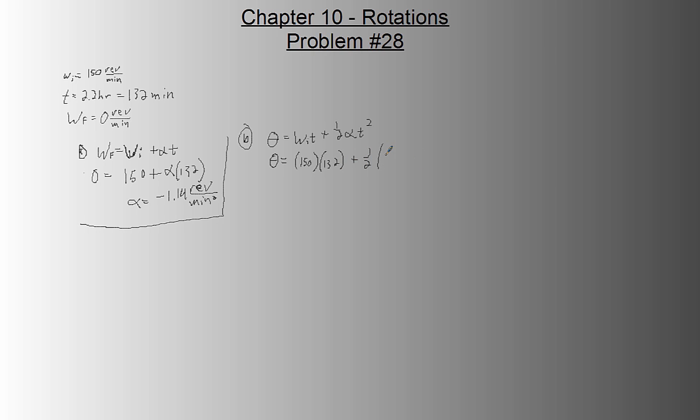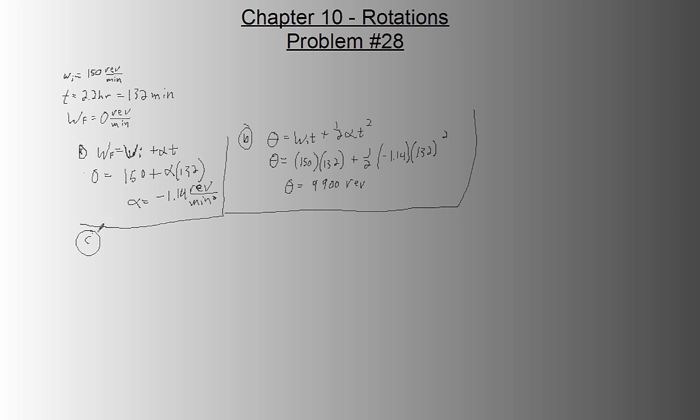We just found our angular acceleration, negative 1.14, and so we'll use that times the time squared. So theta is 9,900 revolutions. Piece cake.